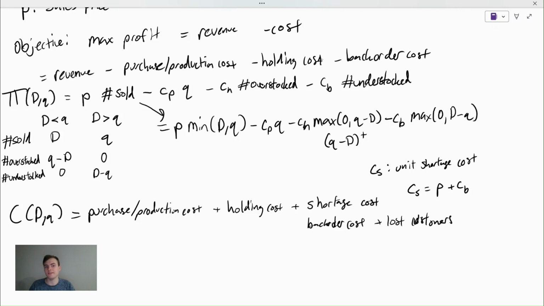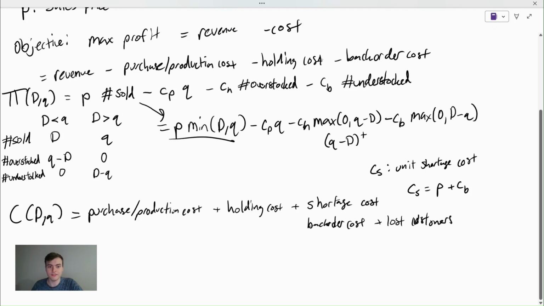Maybe CB is negative if they're able to buy something else, etc. Holding costs could also be negative if we were able to salvage the product and resell it at a discount or whatever. Yeah, and from here, this is going to get us an easier expression, because now the shortage cost is this unit shortage cost times this number understocked.